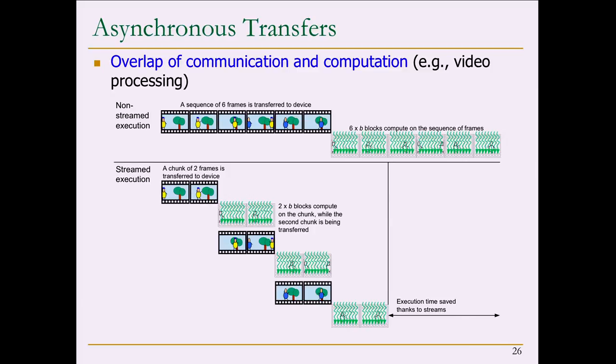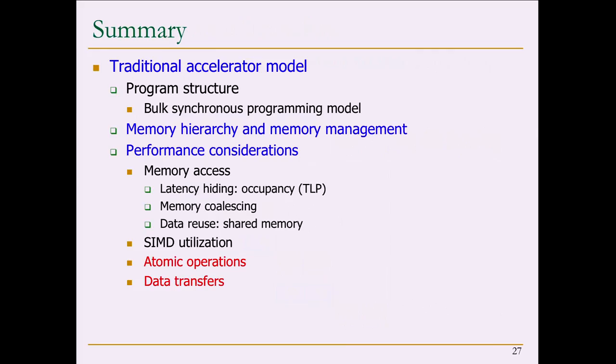So the CPU driver is going to have a migration engine that can automatically transfer memory pages from the CPU to the GPU. This is good for the programmer, but can also be good for performance. Not always, but in some cases it can be good for performance. We will see some examples later.